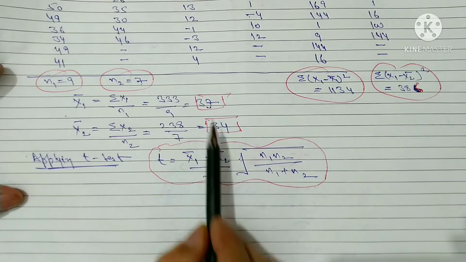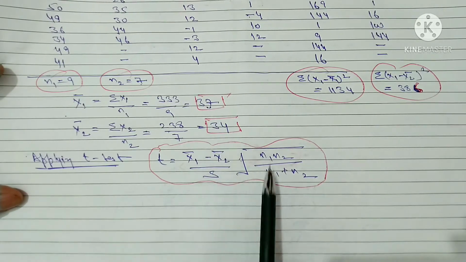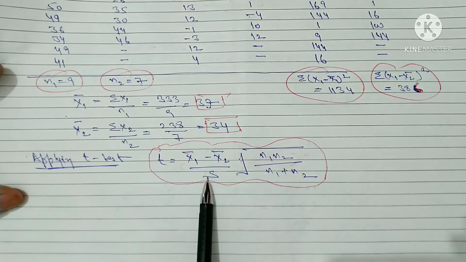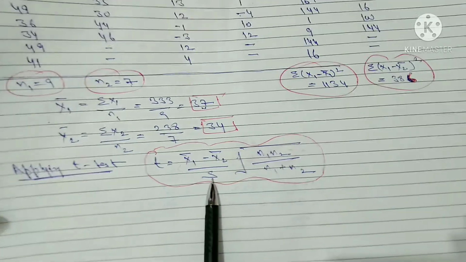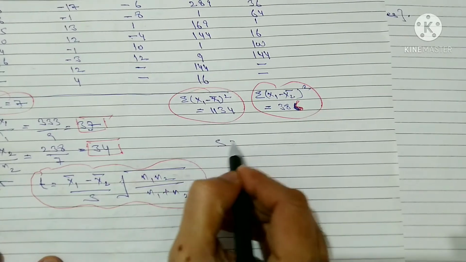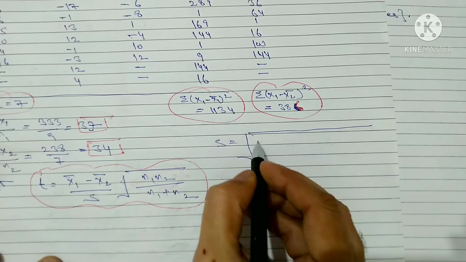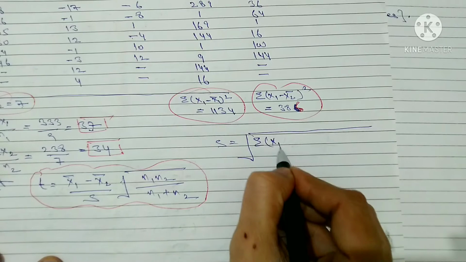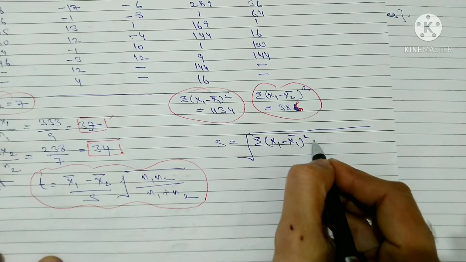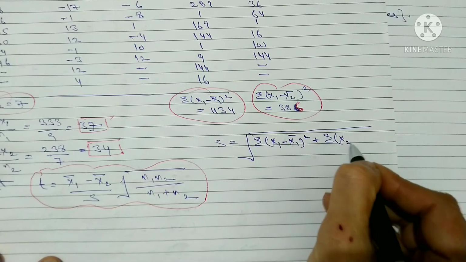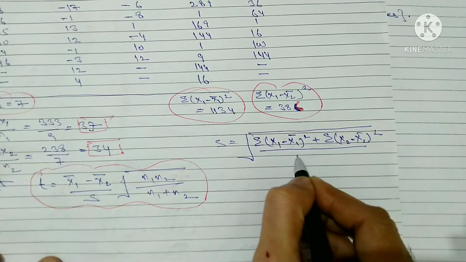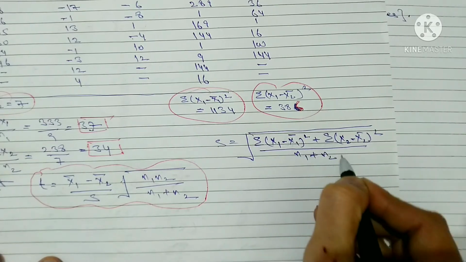x1 mean 37, x2 mean 34, n1 9, n2 7. We need to calculate s, standard deviation, first. Formula for standard deviation is s squared equals summation of x1 minus x1 dash squared plus summation of x2 minus x2 dash squared over degree of freedom for t test, n1 plus n2 minus 2.